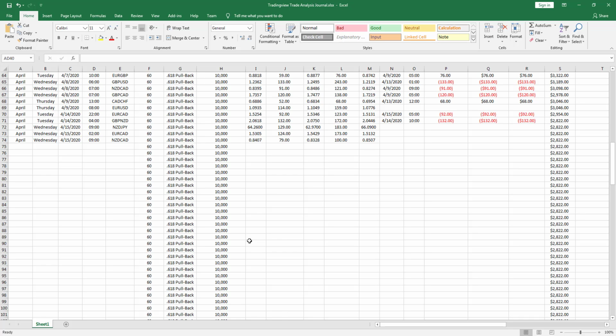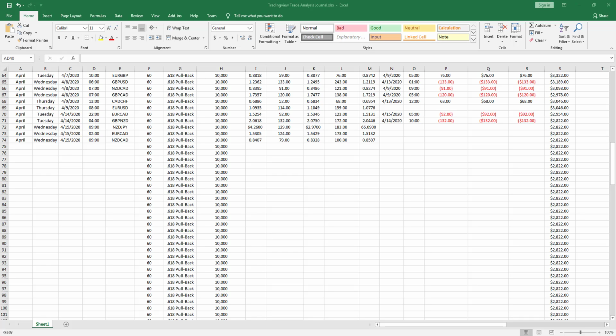And guys, one of the most important reasons as to why you need to backtest and journal your trades is so that you can gain perspective. Gaining perspective, and I guess this is going to be the main message: journal your trades to gain perspective.